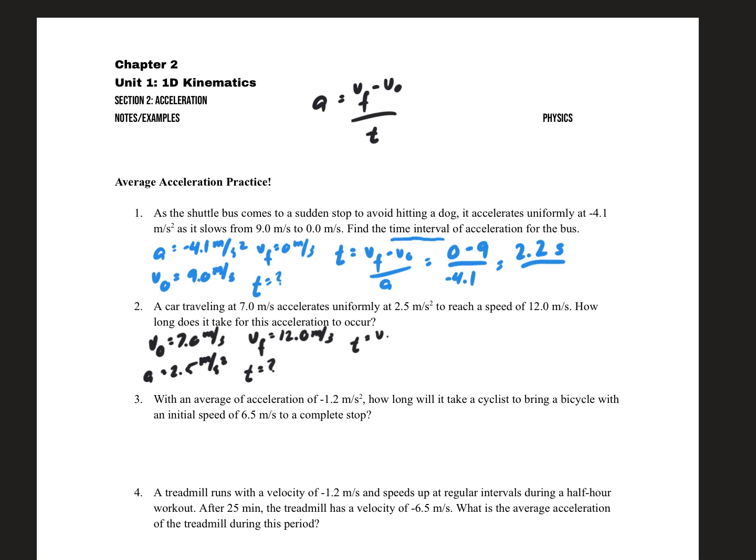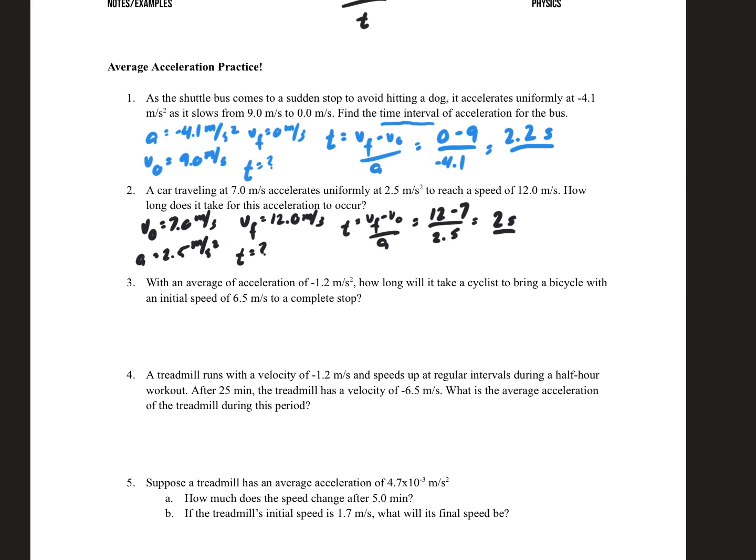T equals Vf minus V naught over A. Plug stuff in. Vf is 12. V naught is 7. Acceleration is 2.5. So when I crunch my numbers, I get 2 seconds for this guy right here.